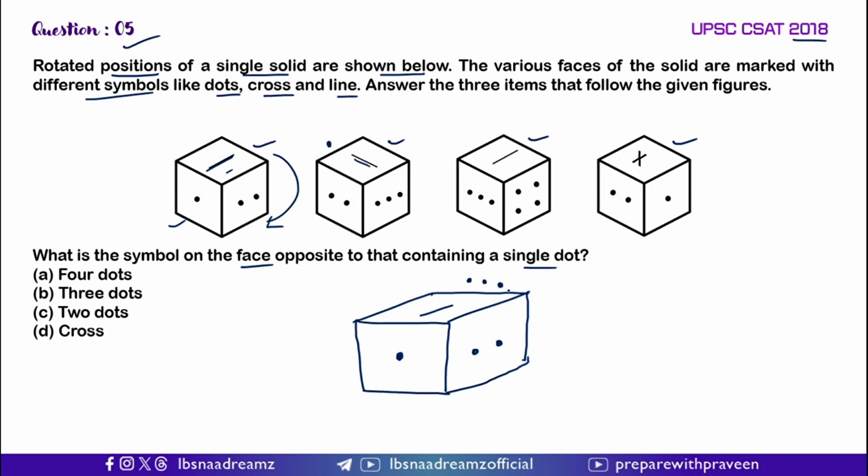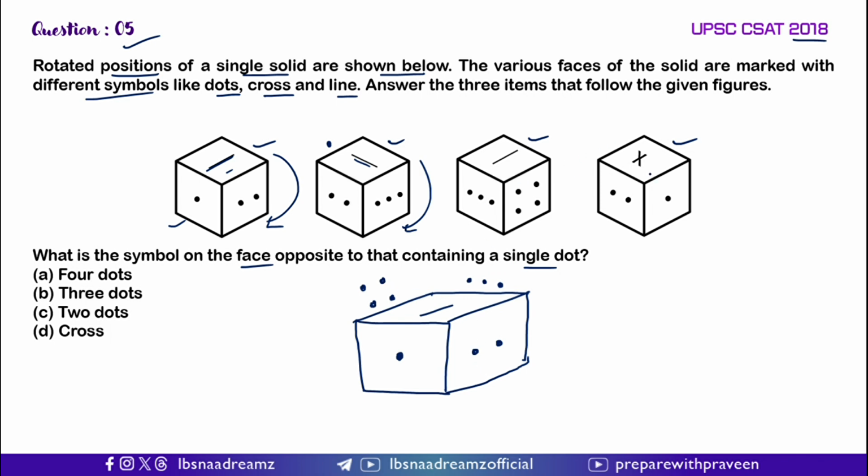Okay, and here again they have rotated 3, so three dots, and here we have 4 dots. So in the adjacent side of 3 dots we have 4 dots. So opposite to the 2 dots we have 4 dots.